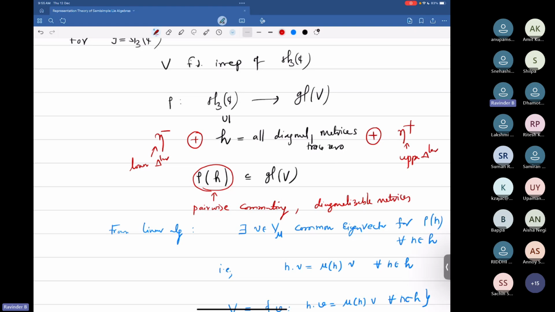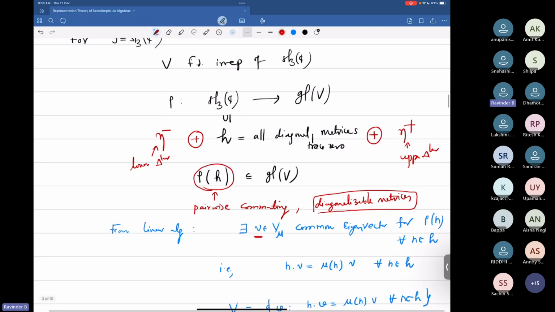So I don't need just one vector, there are many eigenvectors. This diagonalizability comes from the fact that diagonalizable elements act diagonalizably on a finite dimensional representation. This is the preservation of Jordan decomposition, which I'm assuming at present.